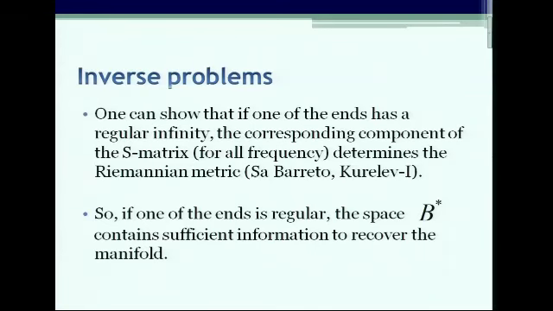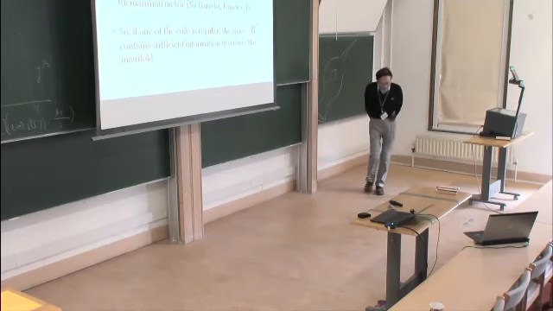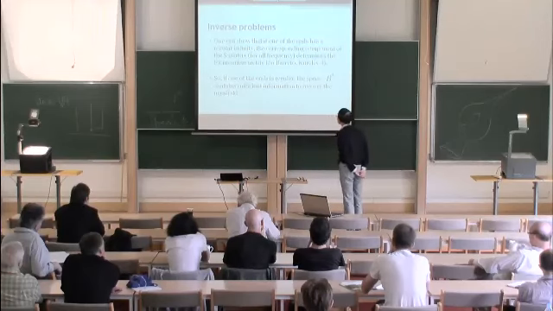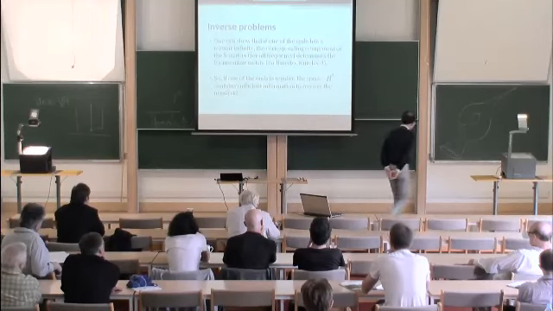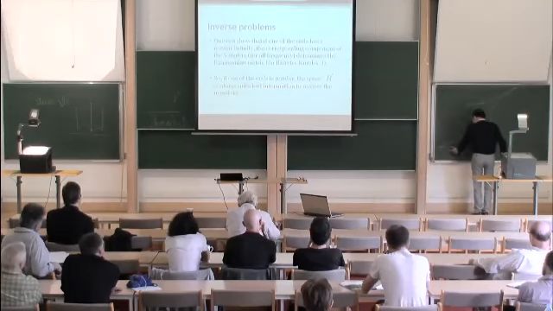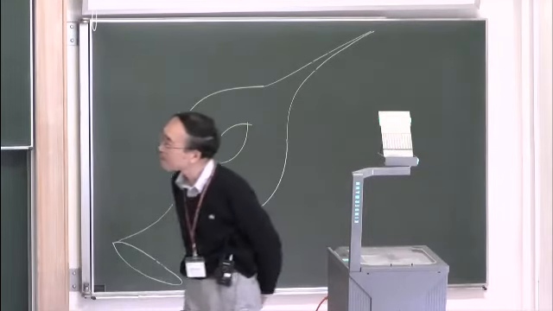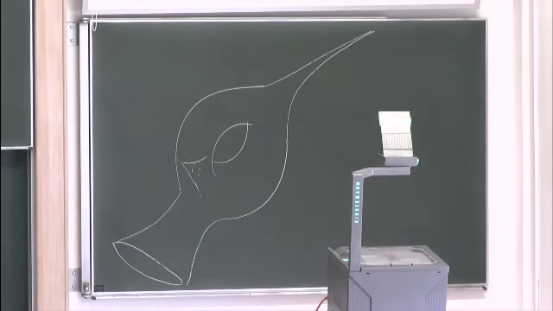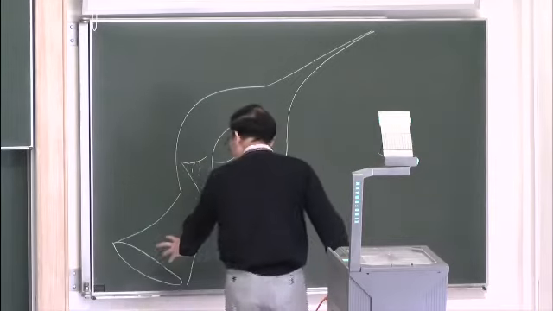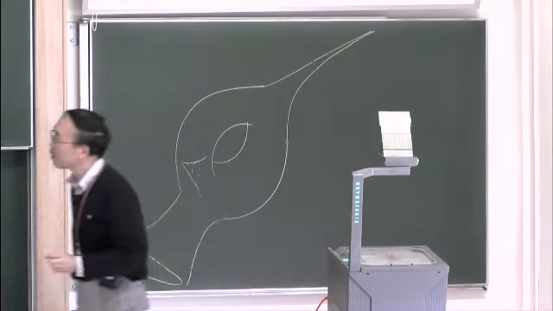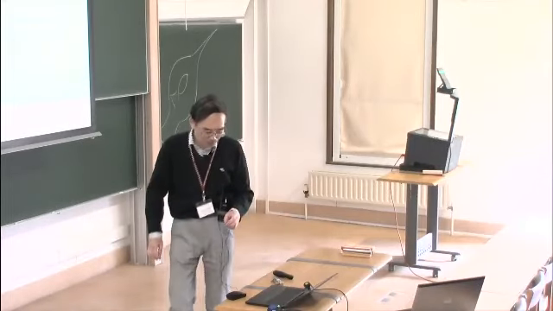This information is sufficient to determine the whole manifold. And there's a work of Sabarator and also Kuldev and myself, which says that from this information, you can determine the whole manifold. So it means that if one end is regular, this S matrix determines the whole manifold, allowing you to recover the manifold.